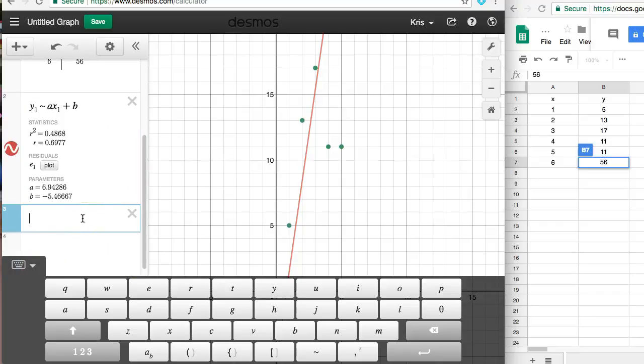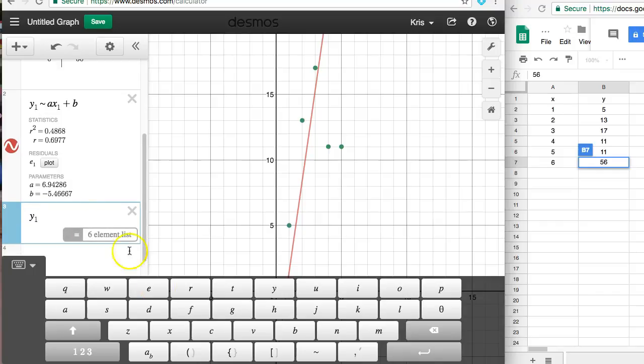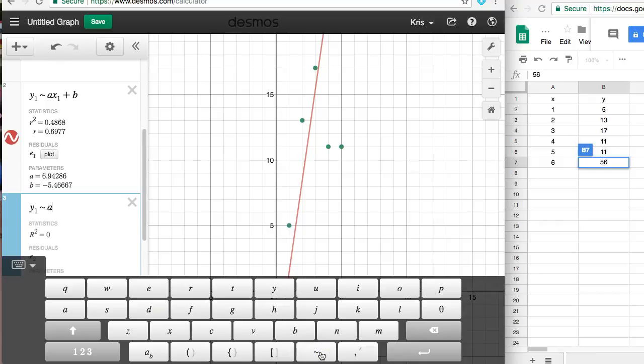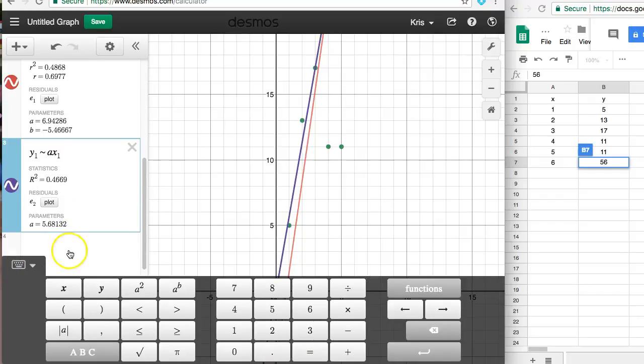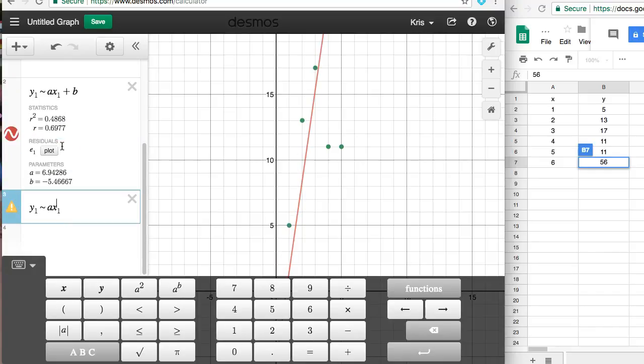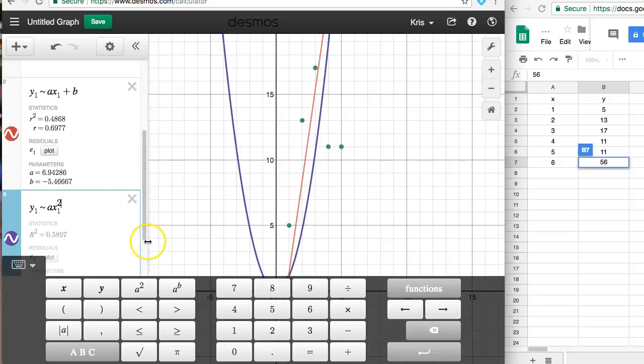When we're going to do the quadratic, we're going to do y sub 1 and then the tilde, a x sub 1, and then we need to go up and square the x sub 1. I can use the little arrow key on the keyboard, or you can use the squared key from down here.